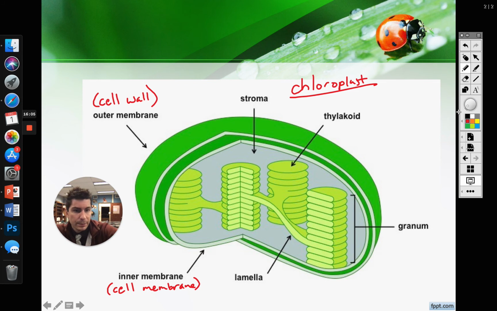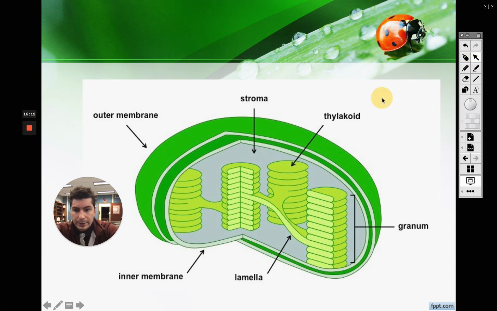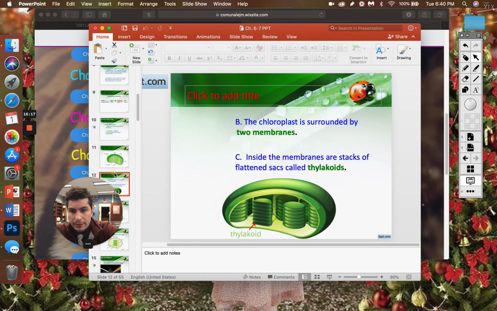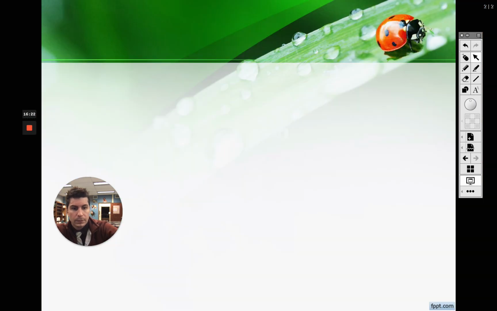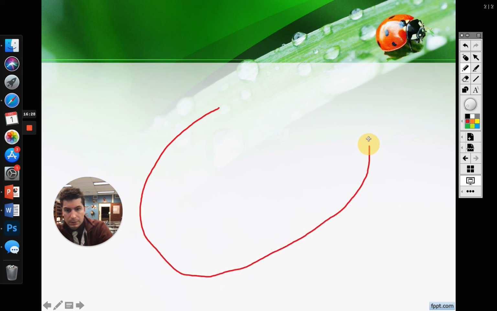So those are your two coverings. All right? So let me redraw this, because instead of doing a three-dimensional drawing, I'm going to give you guys a two-dimensional one. I think it'll be a little bit easier to understand. Okay. So we're going to have our outer membrane. And then we're going to have our inner membrane. Yeah, it's going to get sloppy.